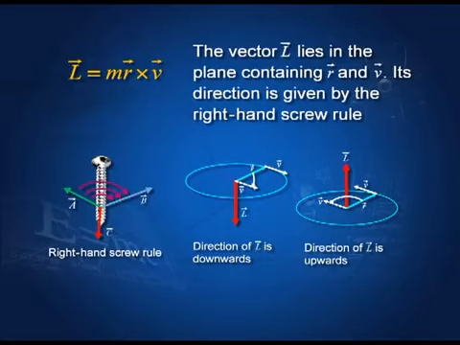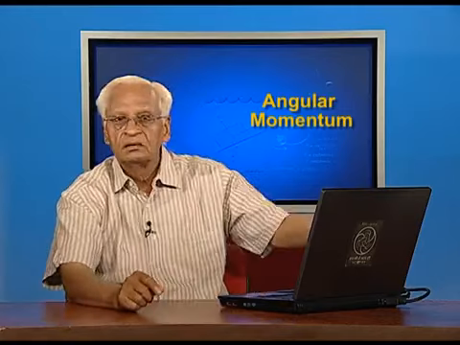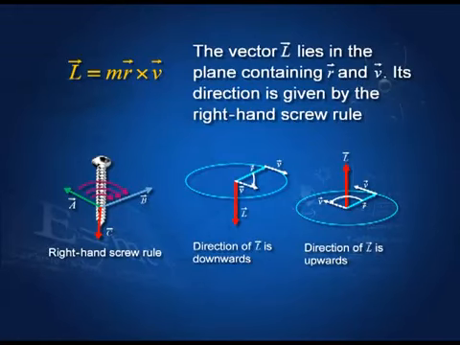If you change the direction of r or v, then the angular momentum vector goes out of this plane of v and r. So, with the help of this right hand screw rule, we can find out the direction of the angular momentum, which is the cross product of r and p.